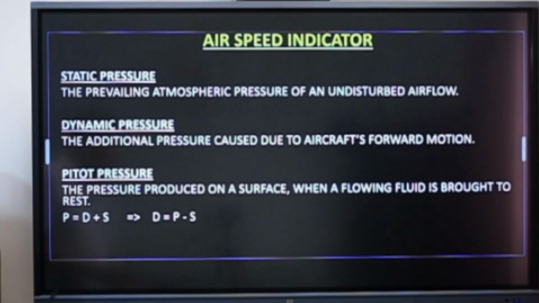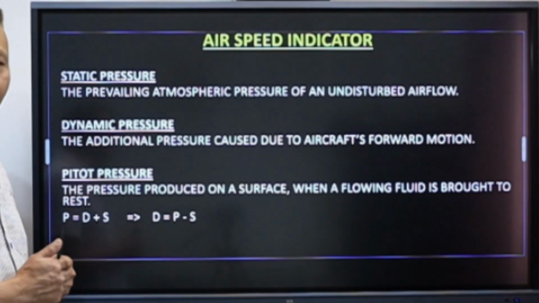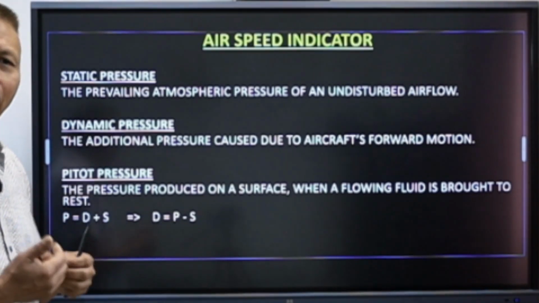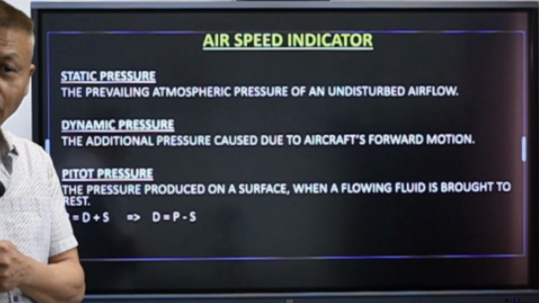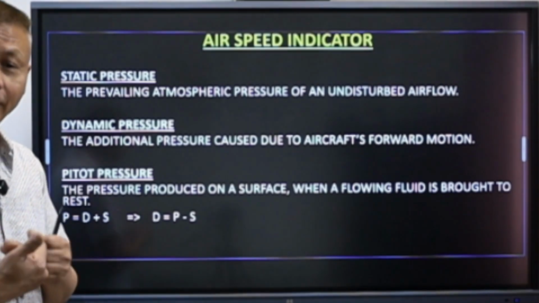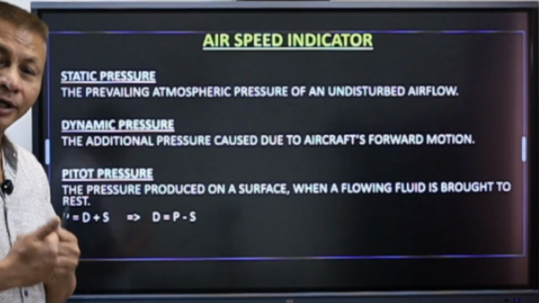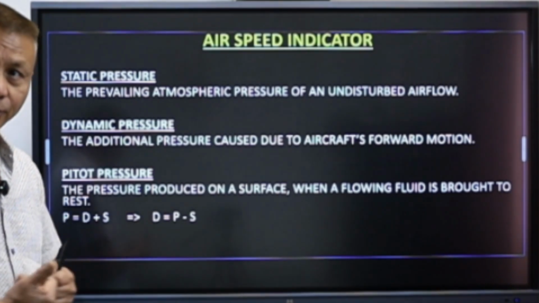Now the fundamental aim behind this instrument, the airspeed indicator, is to find out that portion of the pressure which is there because of the motion of the aircraft. That pressure is what we call the dynamic pressure, as we discussed.